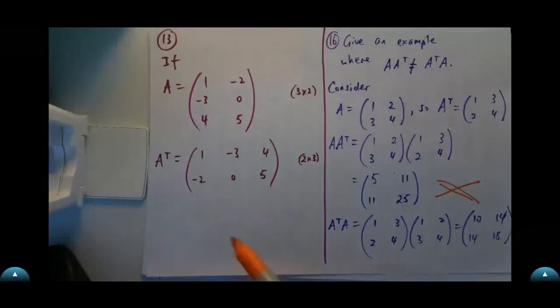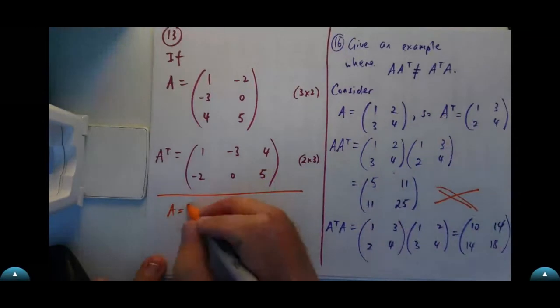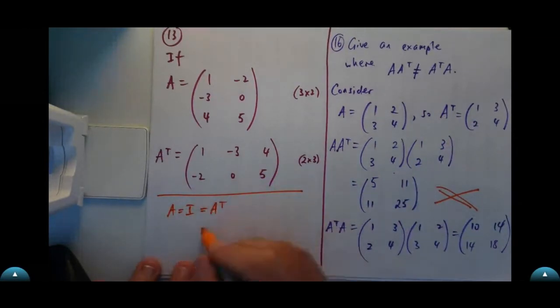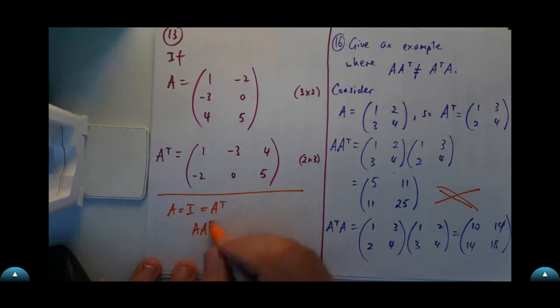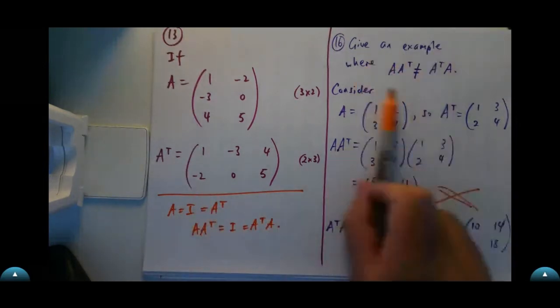So the identity matrix is a good one, right? Because if A equals I, then the transpose is also I, and so A times A transpose equals I equals A transpose A, right?